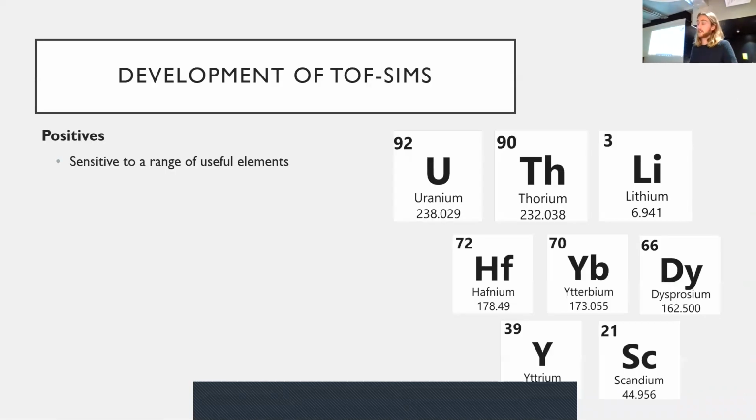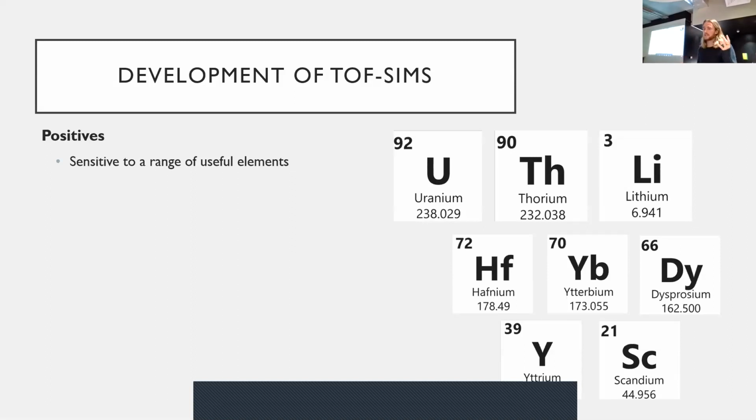In terms of the second aim of this project, the development of this technique, we had some positives and negatives. Firstly, it's sensitive to a range of really useful elements in zircon, which is great. So uranium, thorium, hafnium, awesome. Got some rare earth elements as well, ytterbium, dysprosium, and some other elements like yttrium and scandium.